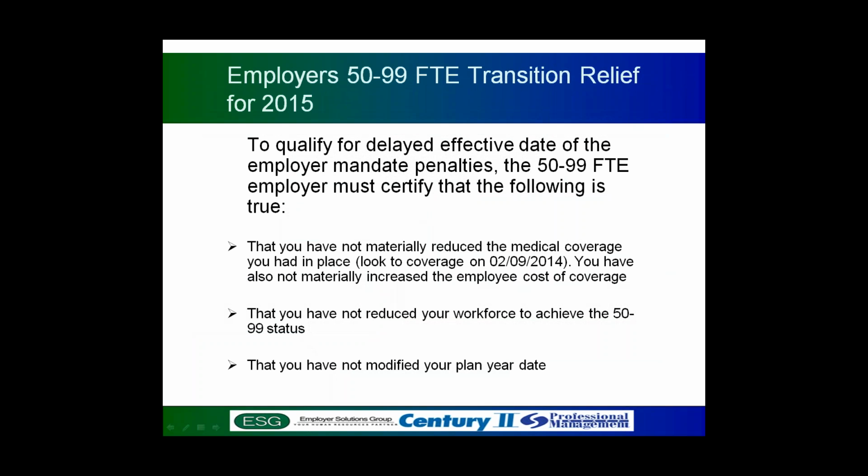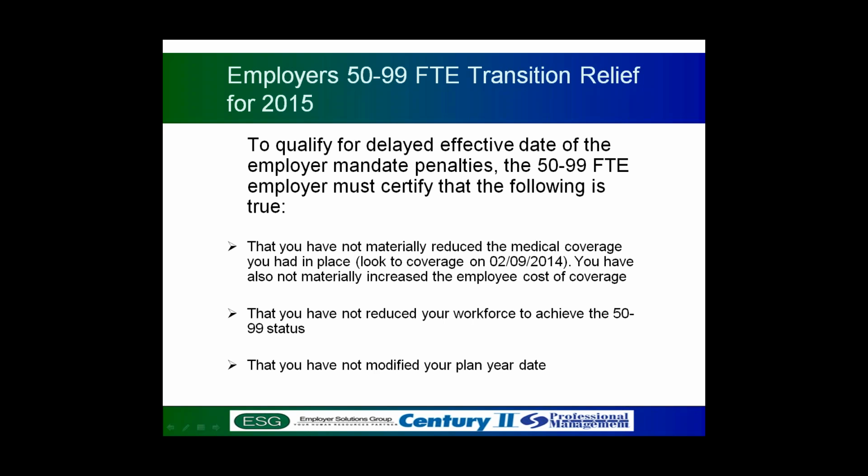So for the year 2015, there is an additional transition relief for those employers between 50 and 99 full-time equivalent. Essentially, they are not subject to any of the employer mandate penalties for the year of 2015. There is some criteria that you do have to meet in order to qualify for this transition.